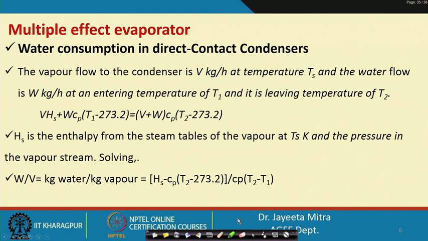Now, water consumption in the direct contact condensers. So, how can we calculate the total water consumption in case of a direct barometric condenser?